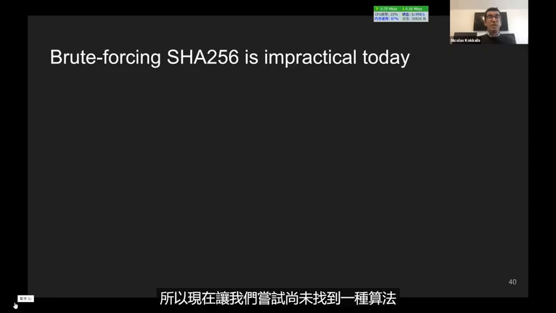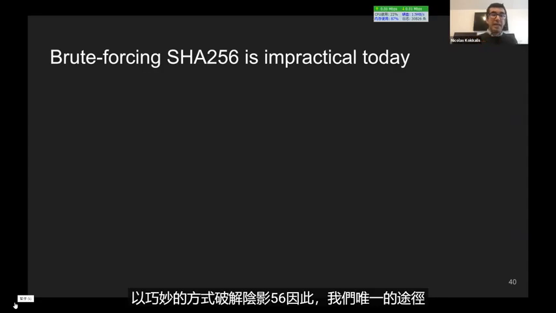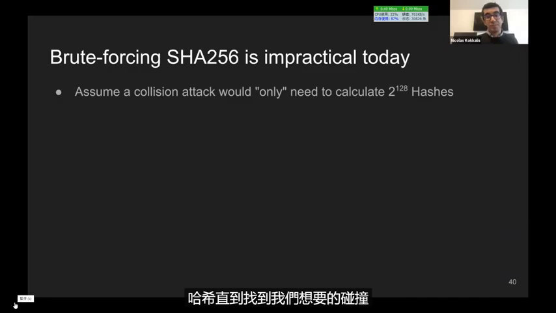So now, we haven't found, as the human race so far, an algorithm that cracks SHA-256 in a smart way. So the only way that we are able to do it is brute forcing: basically trying different hashes until we find the collision that we want.